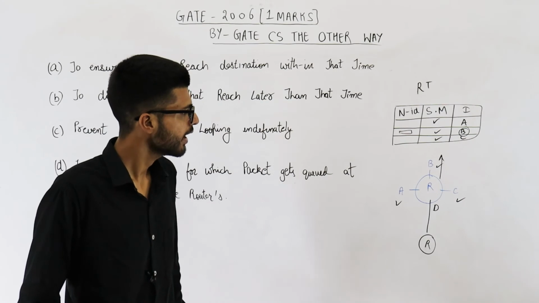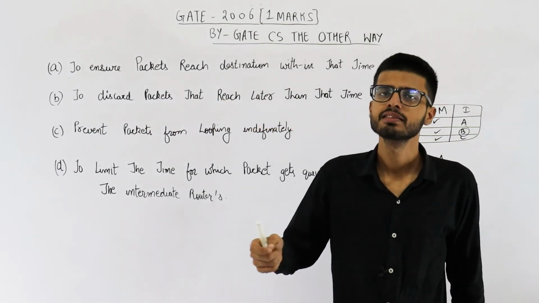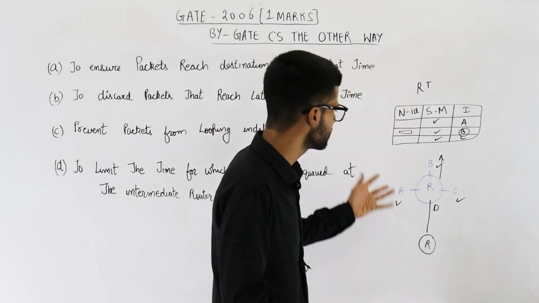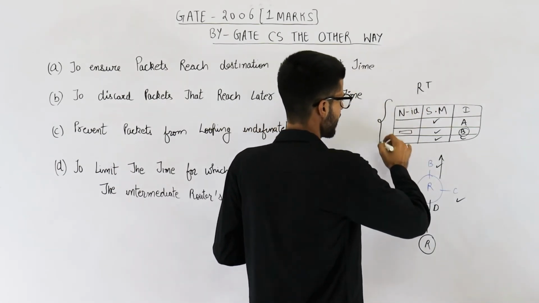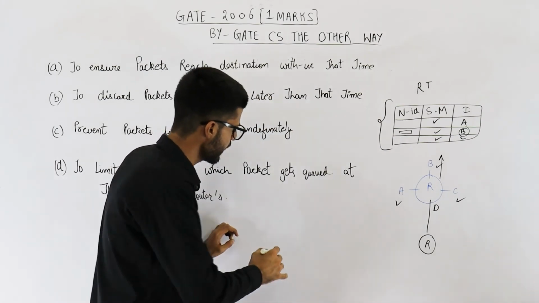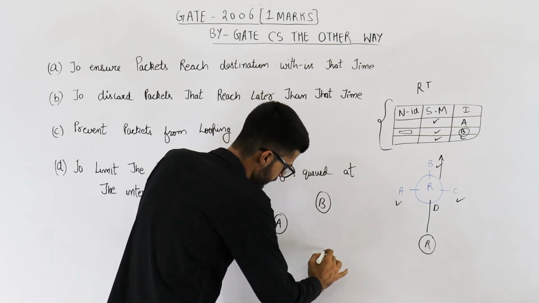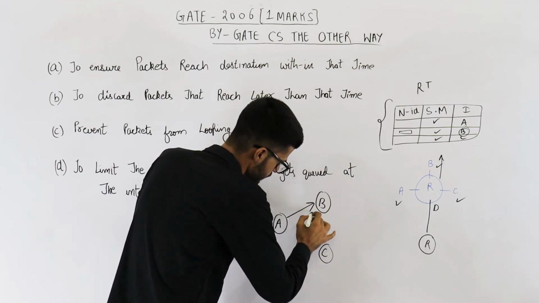And one more scenario where infinite loops can be created is due to some error. Say there is some error in this routing table or something goes wrong and these routers just keep on looping the packets.